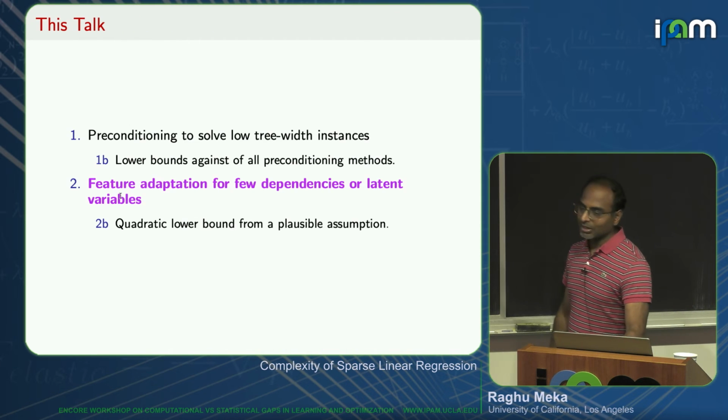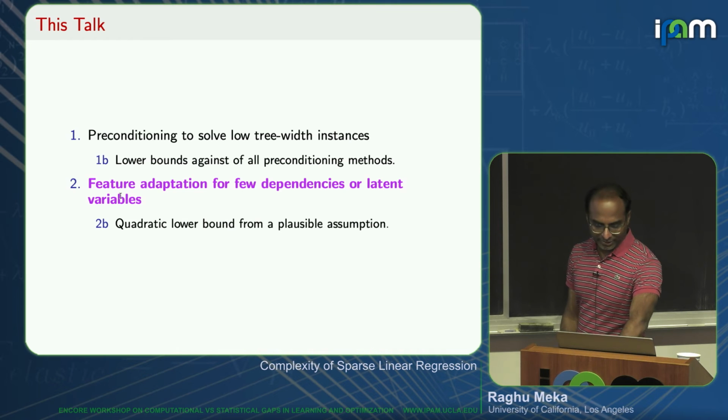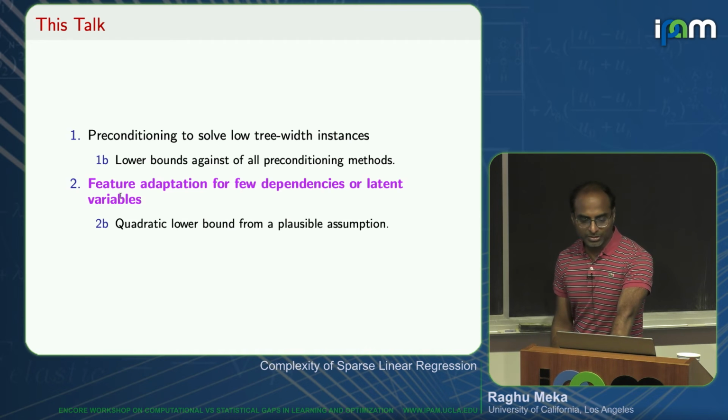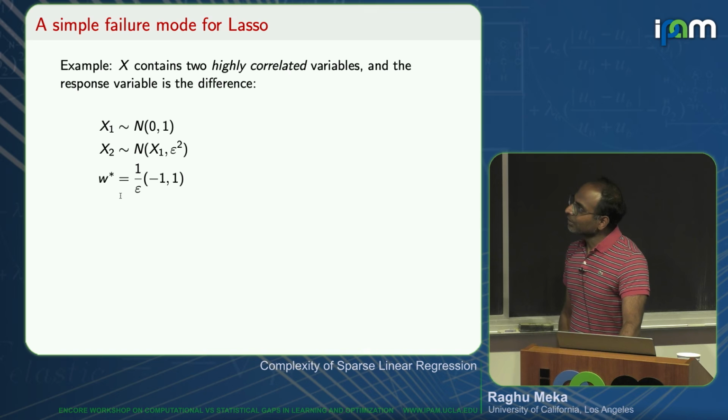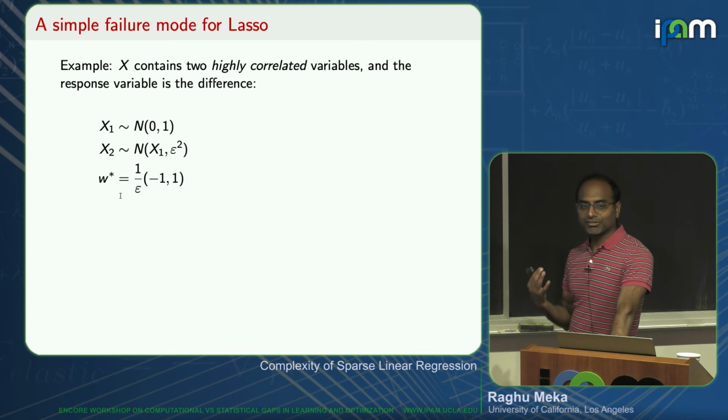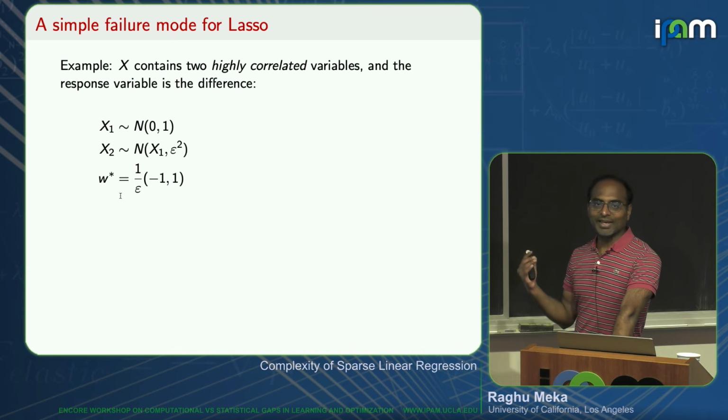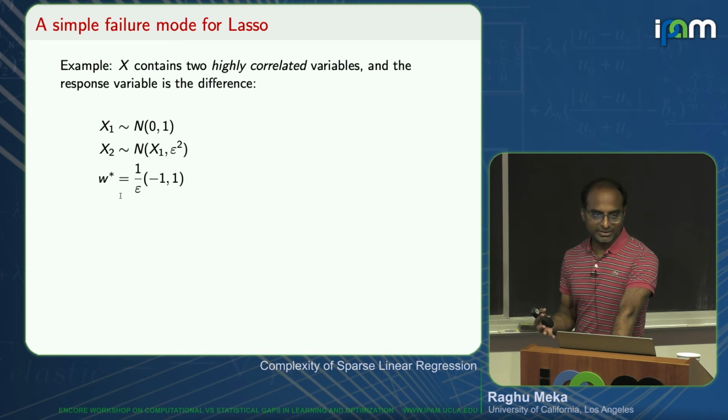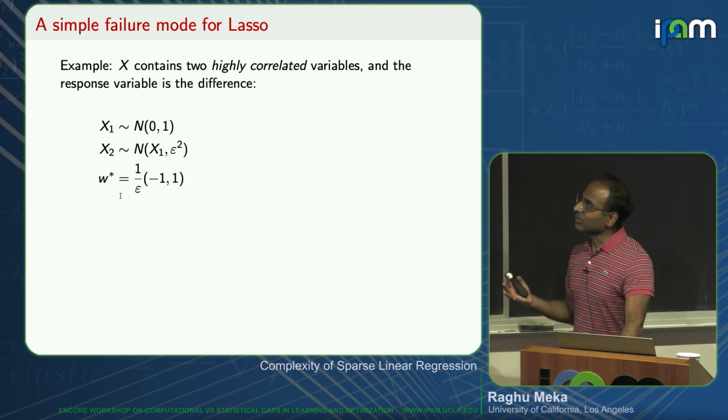Okay, so let me now say a few words about more recent work in the remaining 10 minutes. Once again, I'm trying to find cases where we can actually solve with good statistical efficiency. So here's another case which is a failure mode for existing algorithms, like Lasso and basis pursuit.